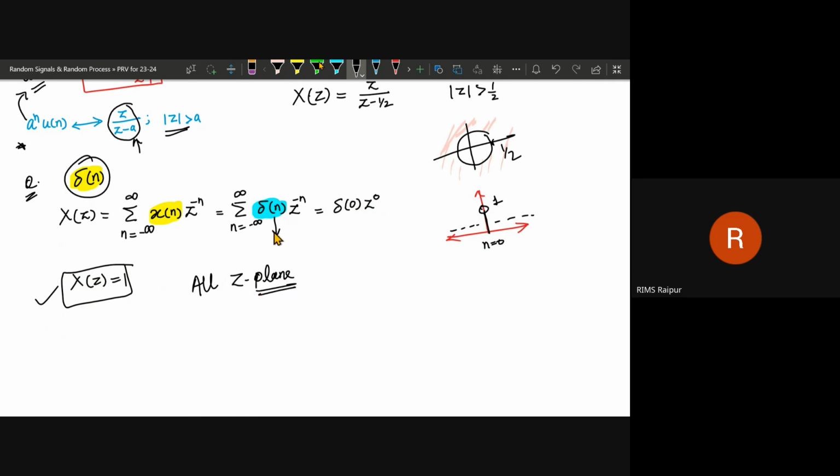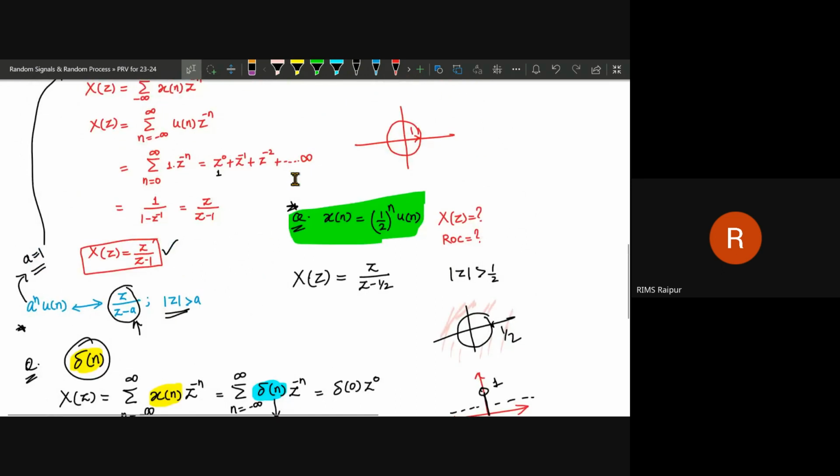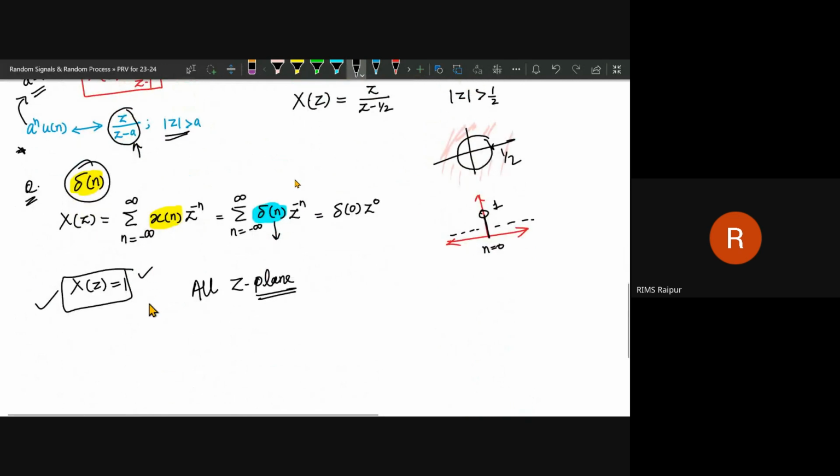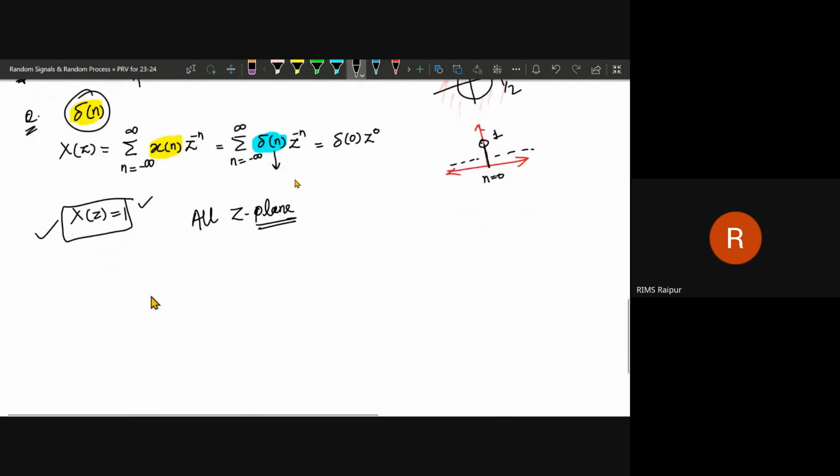Because in previous cases, we were getting ROC when we had to find the sum of infinite terms of a sequence, and for that we were considering that mod r is less than 1. But here we are getting only one term, so it will converge. We don't need to put any condition here. Correct. So the ROC of this function will be the complete Z plane.